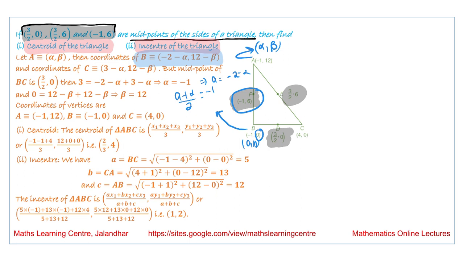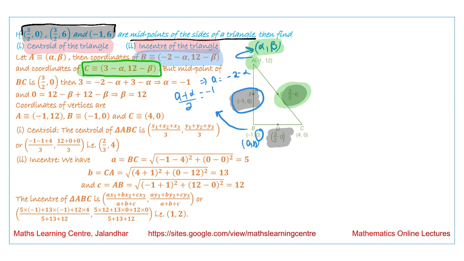And similarly, if we calculate the coordinates of the point C, we use this point A as (alpha, beta), and this is the midpoint of A and C. So we get the coordinates of C as (3 minus alpha, 12 minus beta).